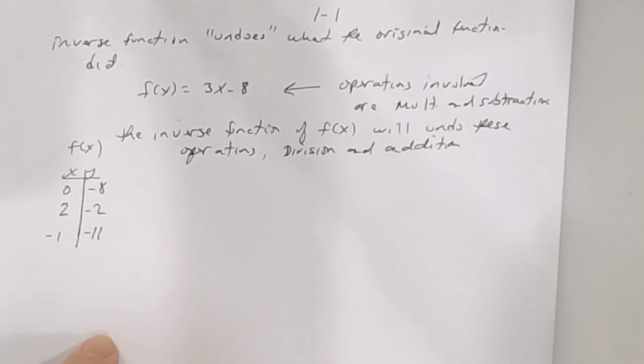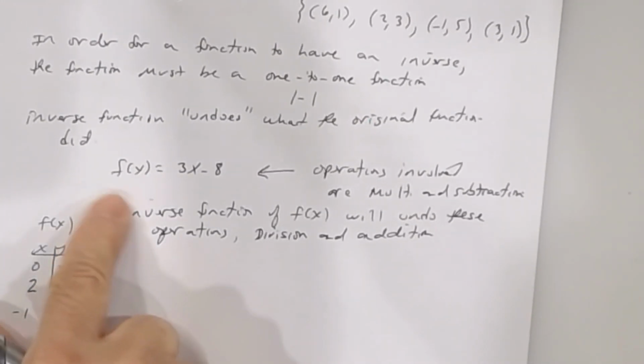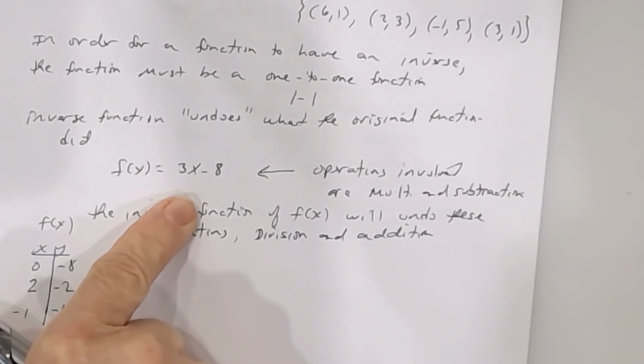Just 1. If you kept on going, you would see that would be the case. But all you had to do is recognize that this is linear. I was hoping that at this point you would know what a linear function looks like. So this is a linear function. All linear functions are one-to-one except the horizontal lines. So that will have an inverse.